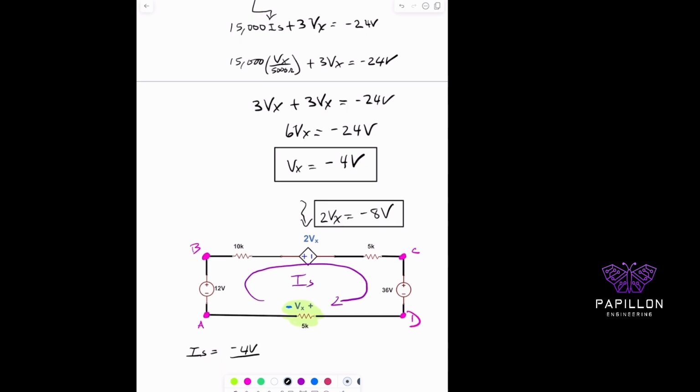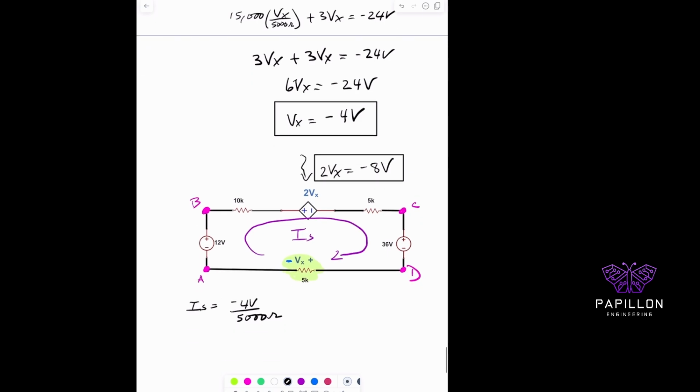And hopefully that matches exactly what we learned from the simulation. If you do some quick calculations here, you'll see that indeed it does. Our value is going to be 0.0008 amps, or 0.8 milliamps, and that's exactly what the simulation said the solution should be.